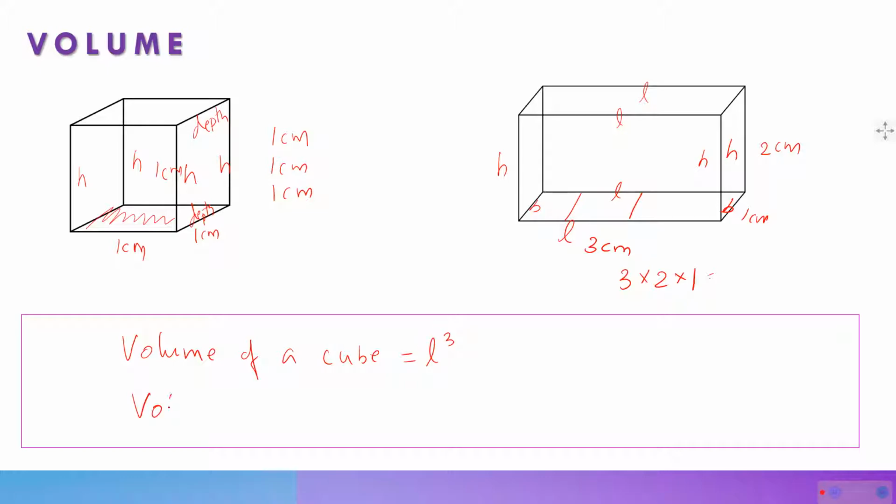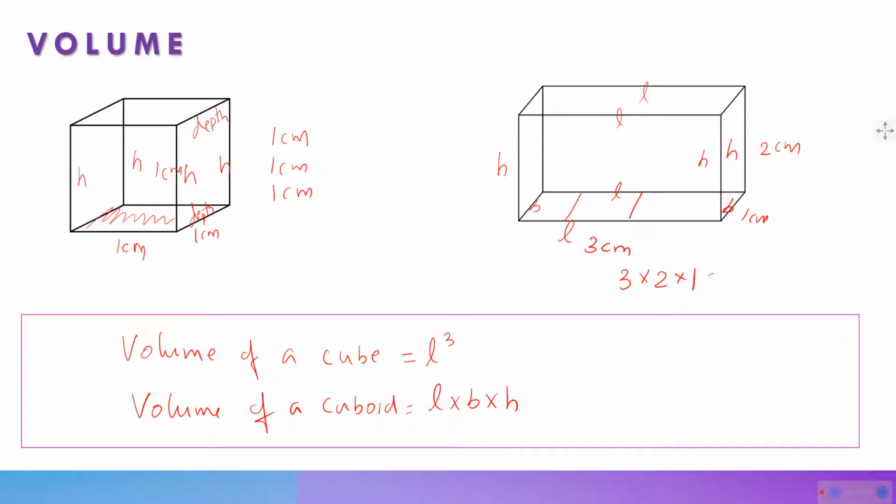And in the case of a cuboid, we will write volume as length into breadth into height, because there is a very good possibility that these 3 will be different. At least 2 will always be different. Otherwise it will become a cube again.